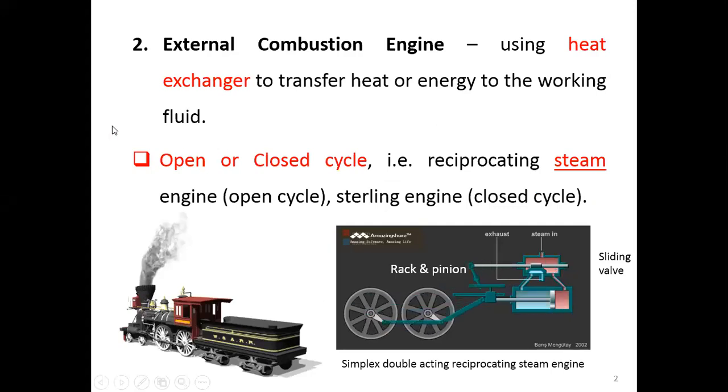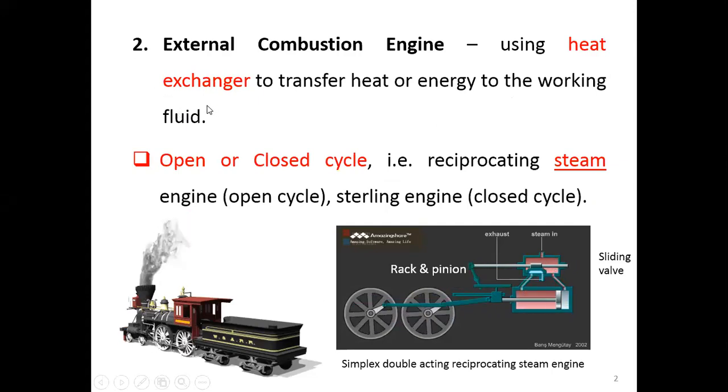Okay, the second type is the external combustion engine. For this type of engine, we need to have a heat exchanger, right? This heat exchanger is used to do what? To transfer the heat or the energy to the working fluid.